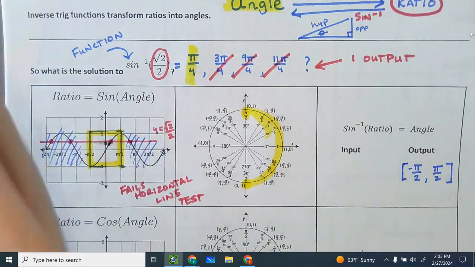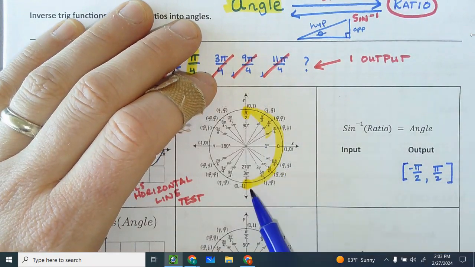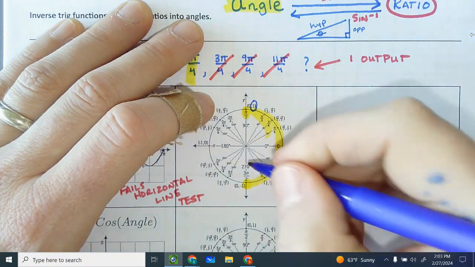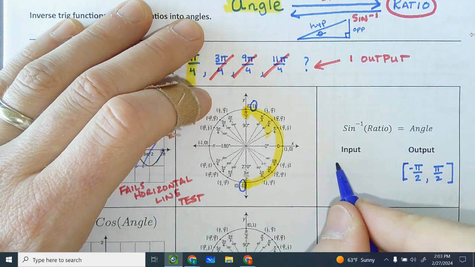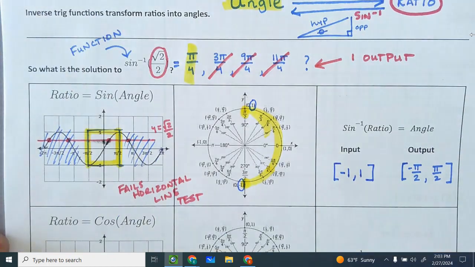Okay, the input, the thing that you enter in, has to be one of these ratios right here. And the biggest the sine ratio ever gets is 1, and the smallest it ever gets is -1. So the thing that you input has to be between this number and this number.